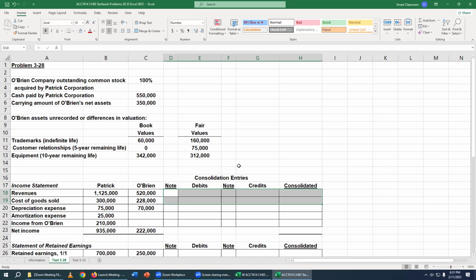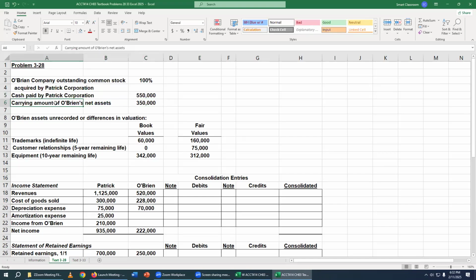One of the things about doing these problems is just getting a feel for what's going on with them. So here, again, they bought 100% of the company. The cash price paid was 550,000, and the carrying amount for O'Brien's assets was 350.